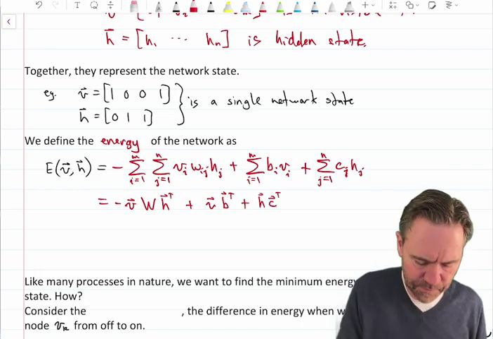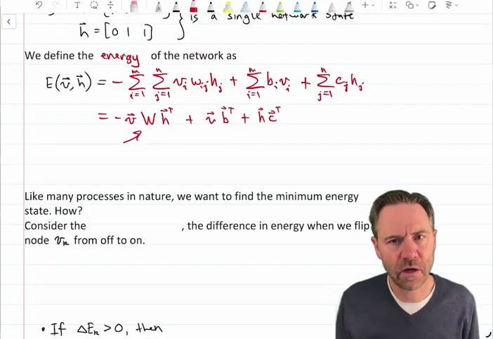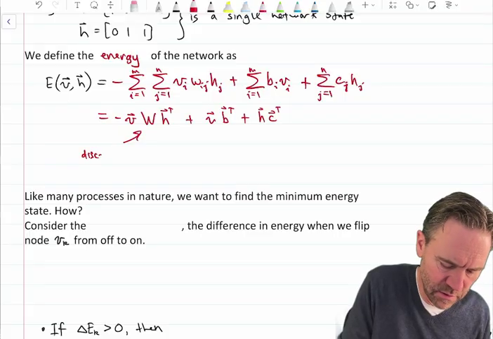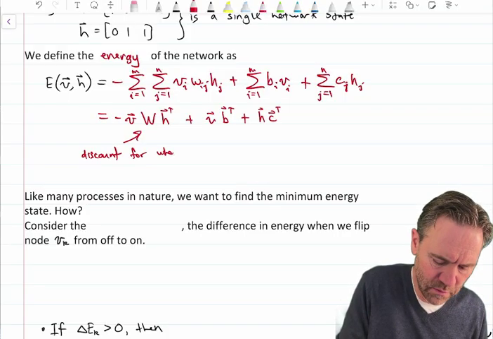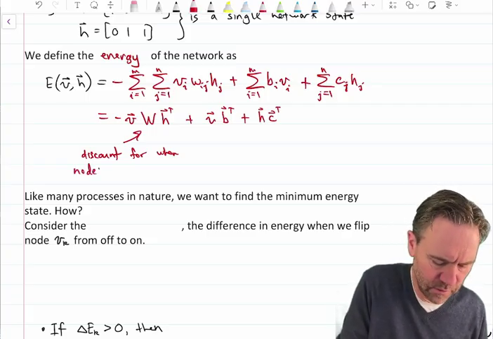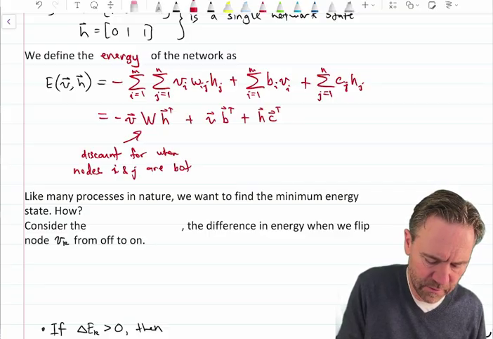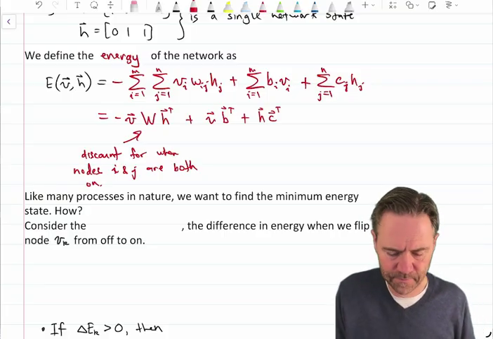So this first term is a discount for when nodes i and j are both on simultaneously.